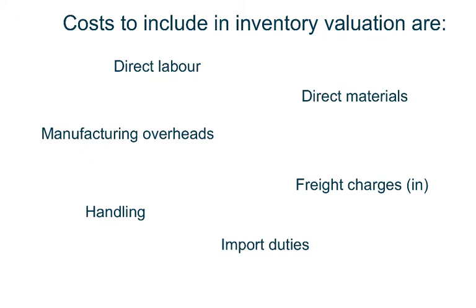If you order it from somewhere, you will have to pay handling charges. If you import from another country, there will be import duties. That is a kind of a tax. And then also your freight charges or your delivery charges, those will all be included in your inventory valuation.